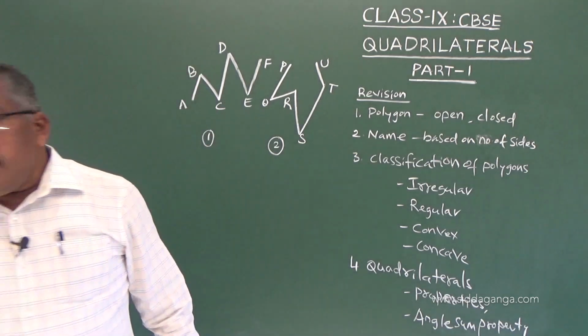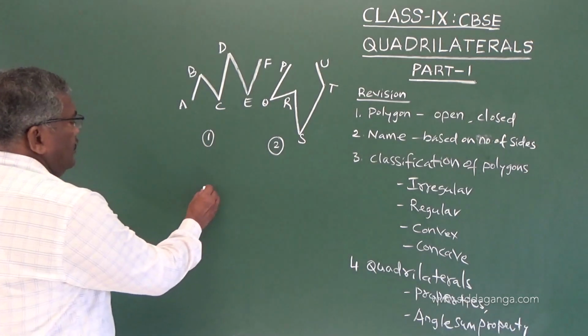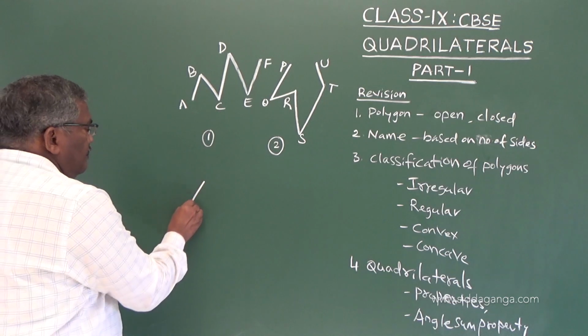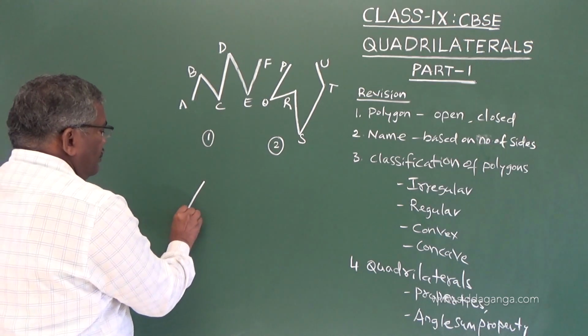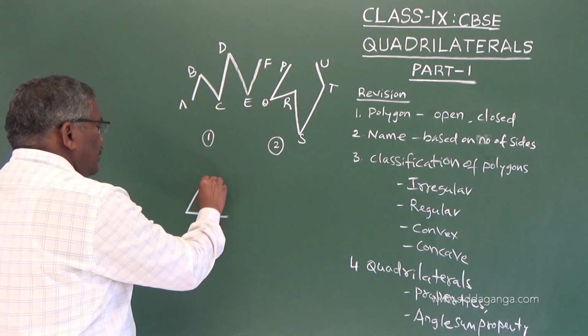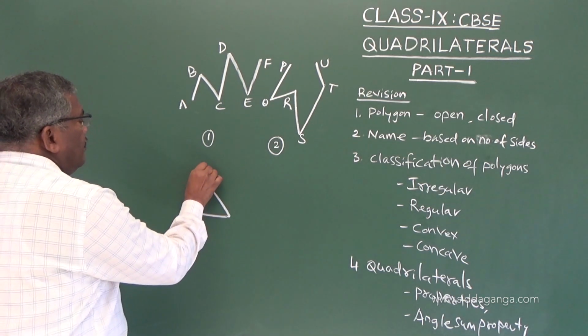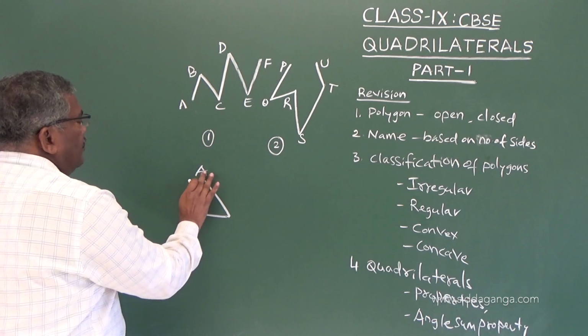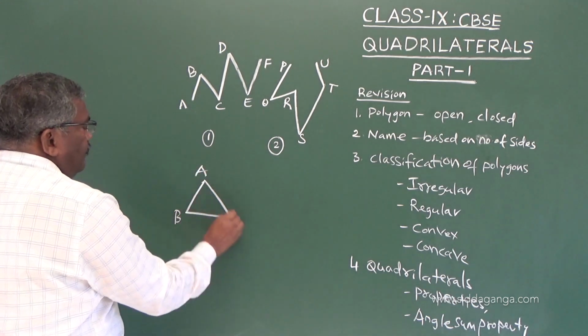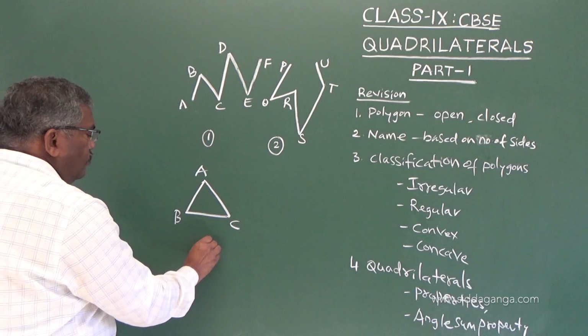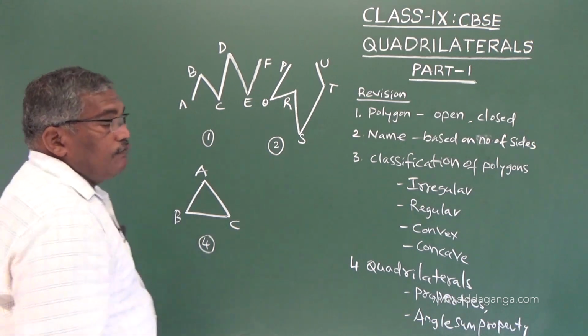If you take up another figure, let us say figure 3, suppose if I have 3 lines joined together, this is say A, B, C. So this is figure 4.